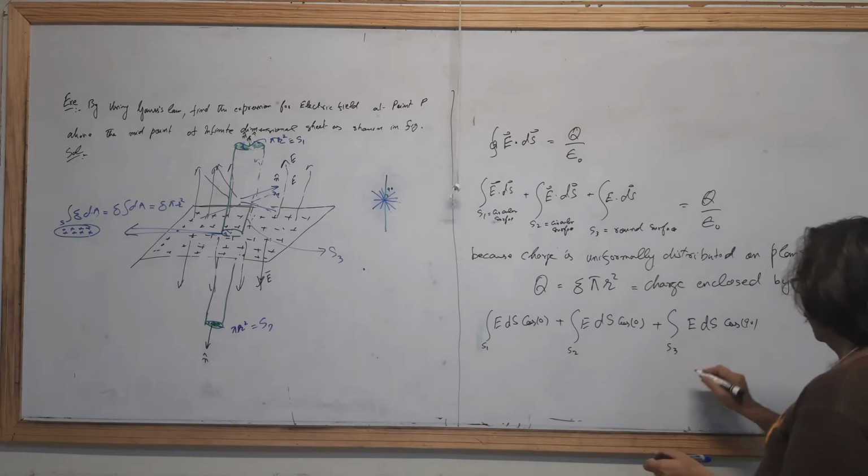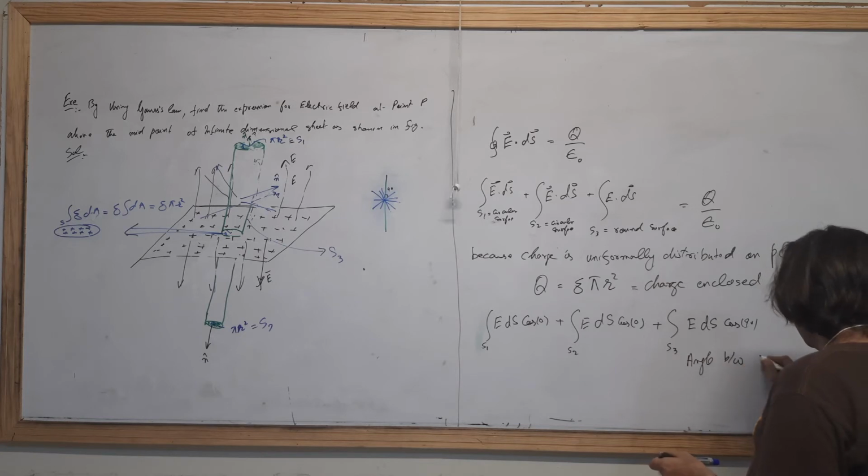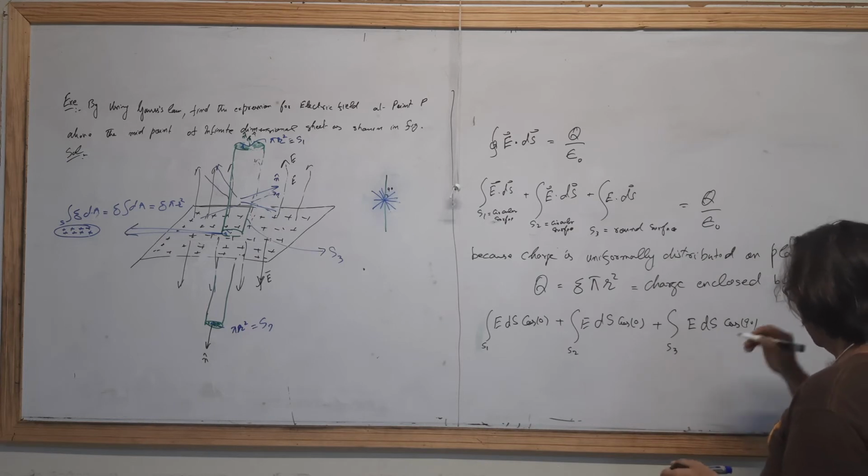Why is the angle between the round surface and E 90?